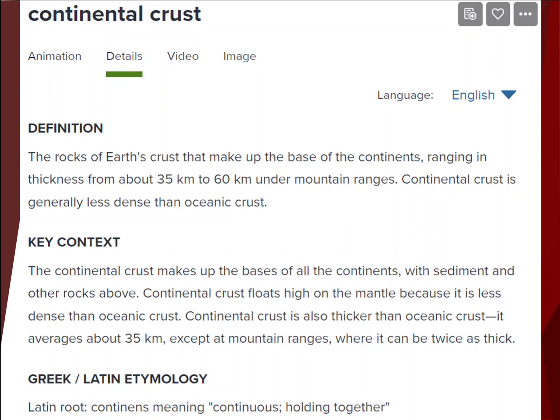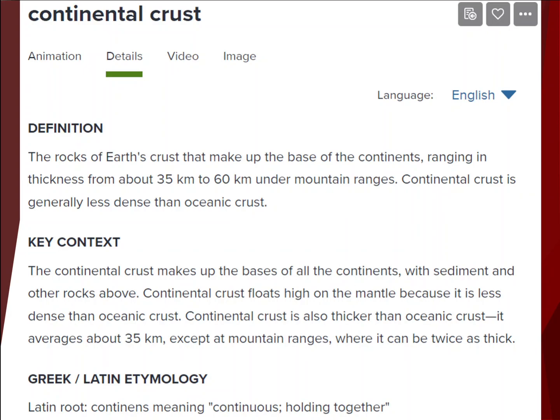Again, this might look like a little bit of a longer definition, but remember, one of your goals is to write down as little as you can while still retaining all the meaning that you require to have a quality set of notes. So, rocks of the crust that make up the base of the continents are referred to as continental crust.